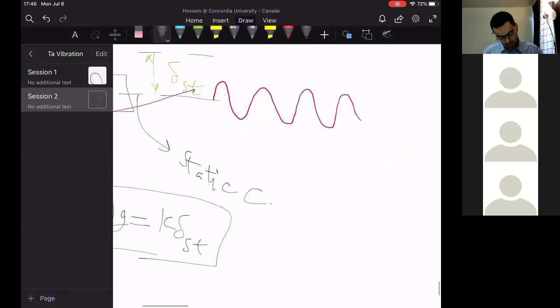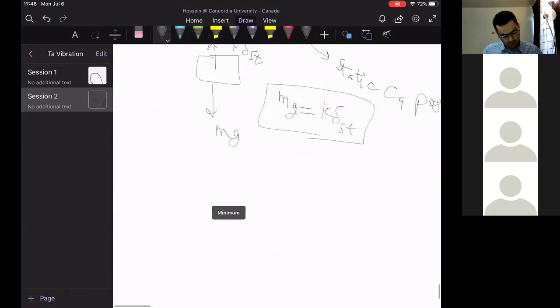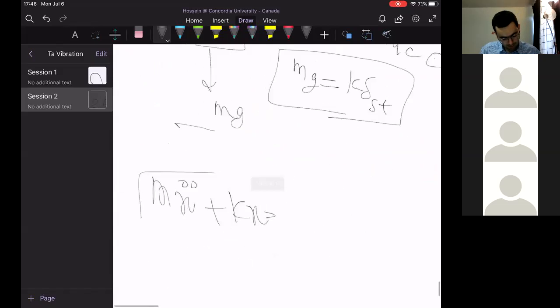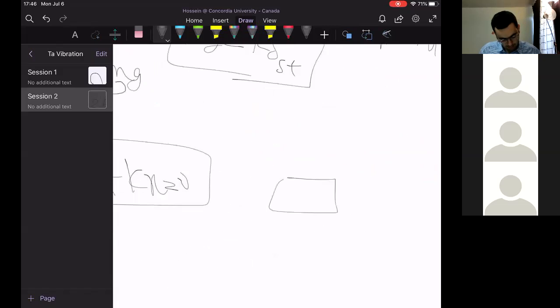Equilibrium position, and therefore the equation of motion would be m x double dot plus k x is equal to 0. Why? Because you just have m displaced by x after a static equilibrium position.